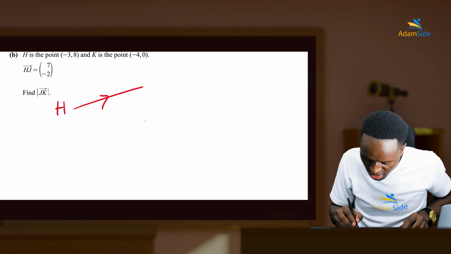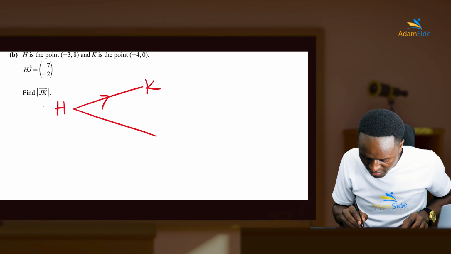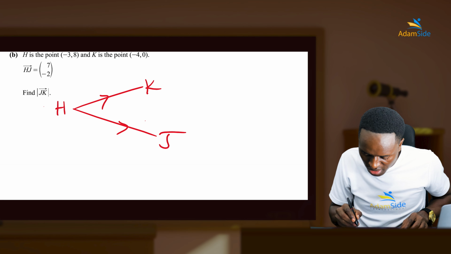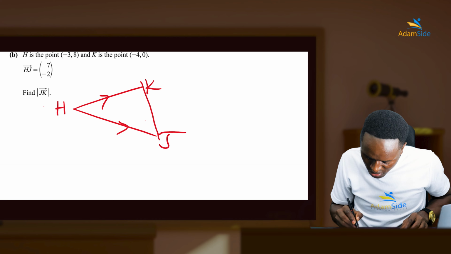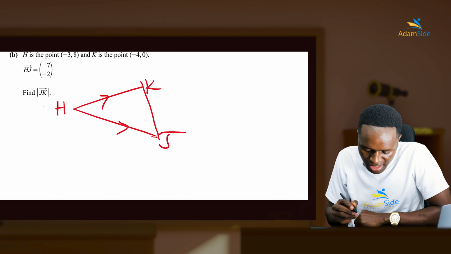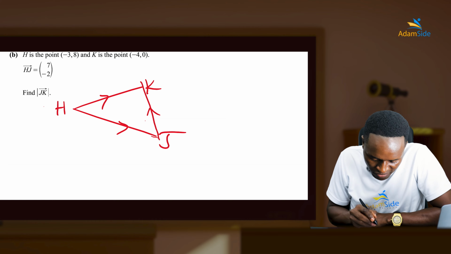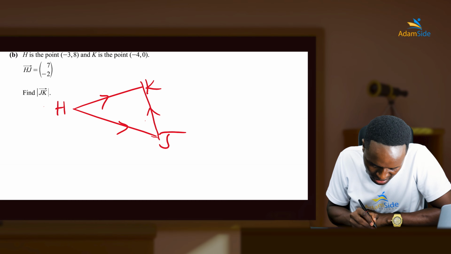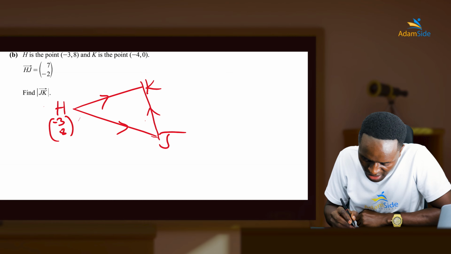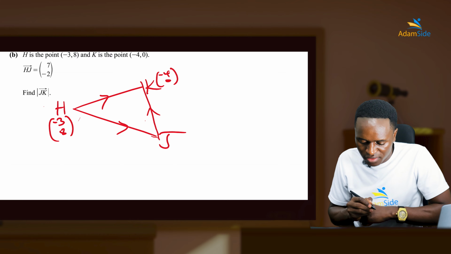We're given vector HK, and then we have vector J, which is connected. Then we have vector JK. We're given that H is (-3, 8) and K is (-4, 0).